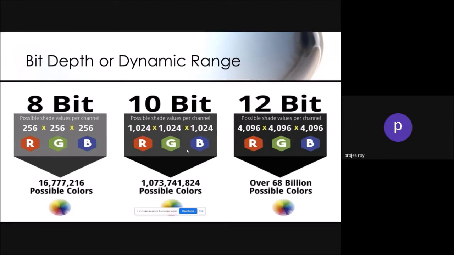Now, when it comes to 10 bits, you are getting almost 107 crore 37 lakh possible colors. And here also you can see 1024 into 1024 into 1024, red, green, blue. This is 10-bit. This is 12-bit, 68 billion possible colors, as far as bits are concerned. Now, just think about the bit depth.